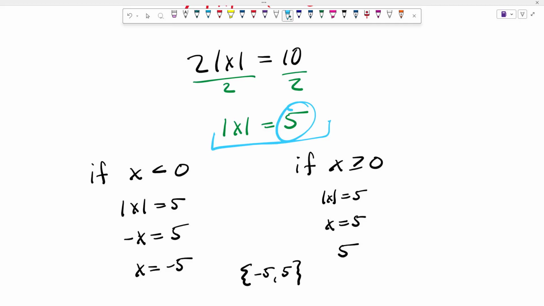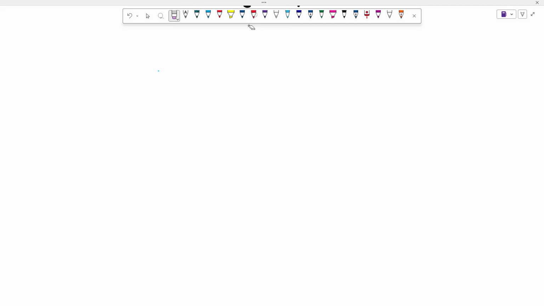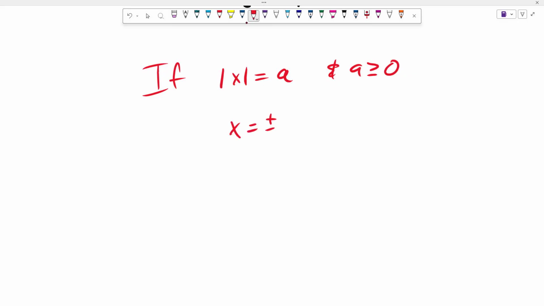So anytime you have the absolute value of x equals some number a, and a is greater than or equal to 0, then x will equal plus or minus a, which is two equations, x equals a and x equals negative a.